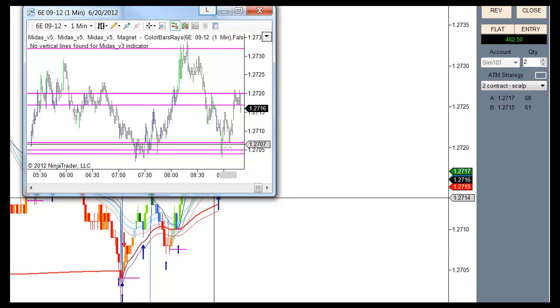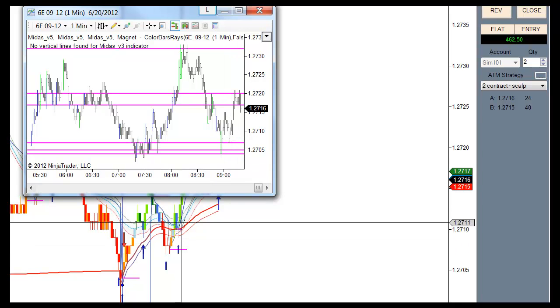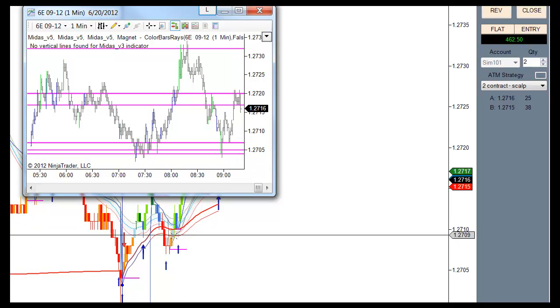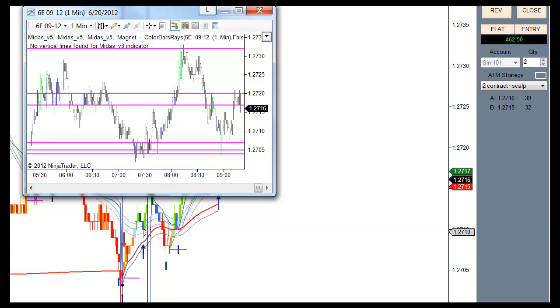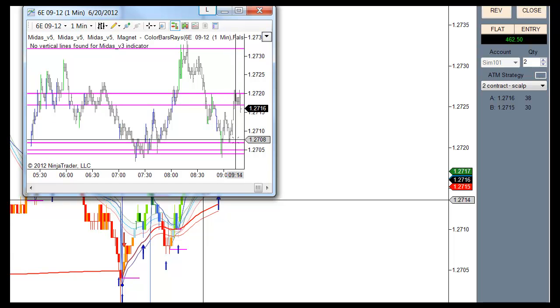But if we were paying attention to potential support over here, you can see it came down and touched right on our potential support line, and then boom, right back above the Midas line here. So this trade, you definitely would want to take it if you were long in here. It was worth holding because of this potential support.